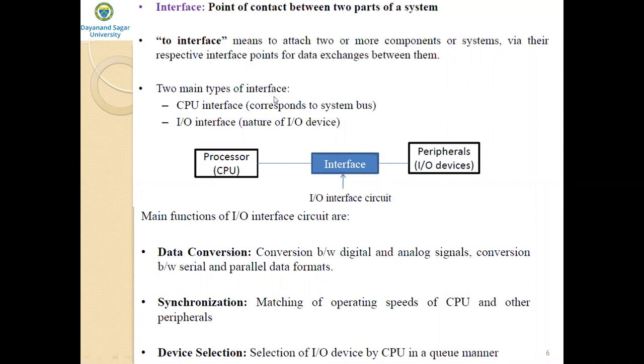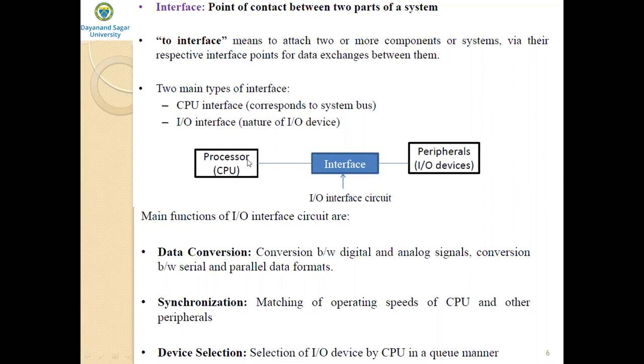There are two main types of interface. One is the CPU interface, which corresponds to the system bus, and another one is the I/O interface, which corresponds to the nature of I/O devices. So this is the diagram that shows the use of the input-output interface circuits between the CPU and the peripheral devices.